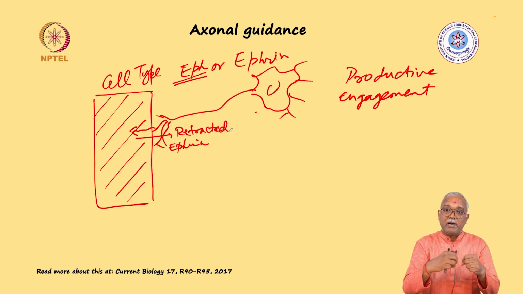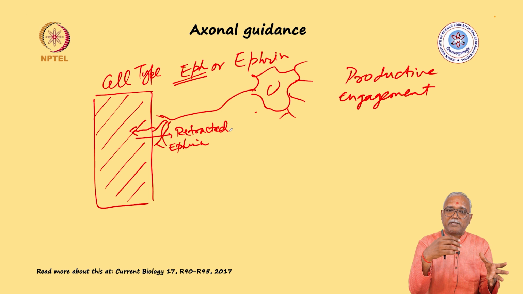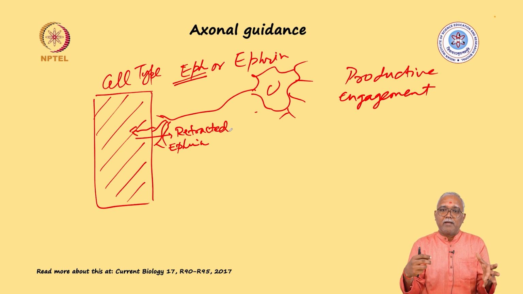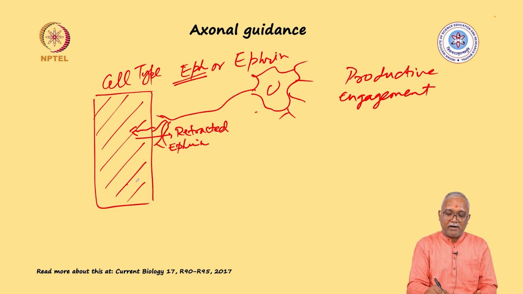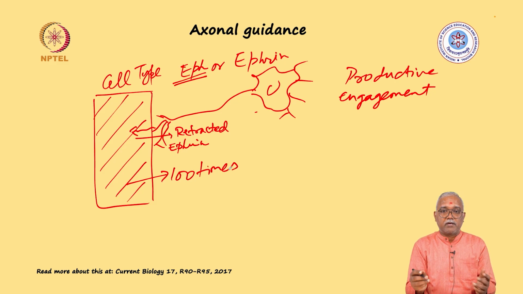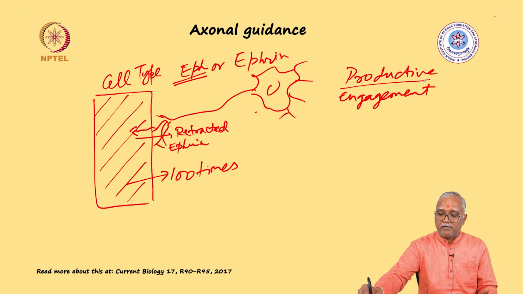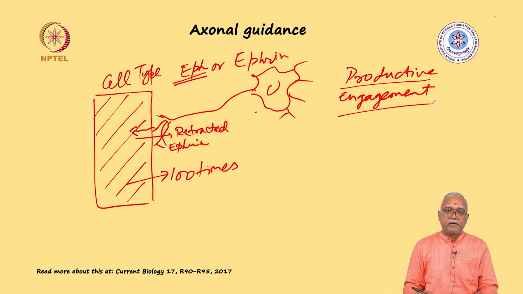You remember how disengagement was happening: by transcytosis, or by cutting the extracellular region of the ligand. So then this growth cone which actually entered the tissue will come back. If it tries a hundred times, it will not succeed because it is getting into productive engagement and signaling.